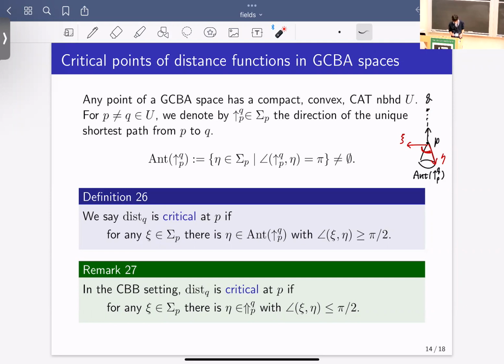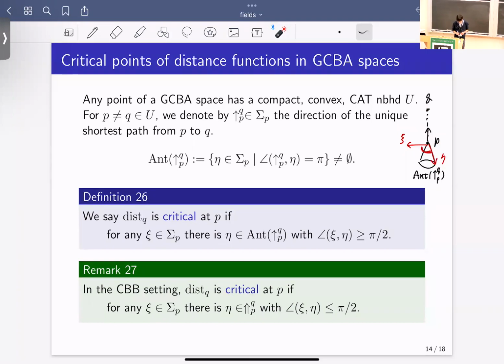Okay. And we say that the distance function from Q is critical at P if for any direction Xi at P, there is at least one direction eta opposite to the direction from P to Q, such that the angle between them is not less than pi over 2. Okay. So this means that the branching angle at P of this shortest path is somehow large.